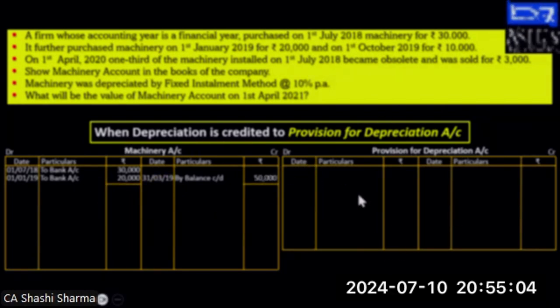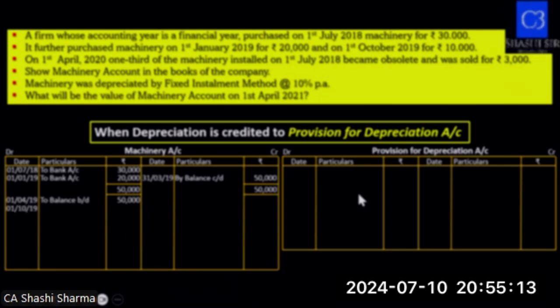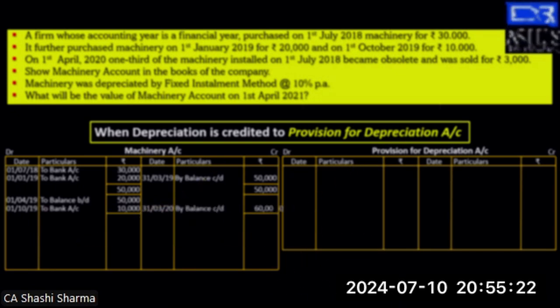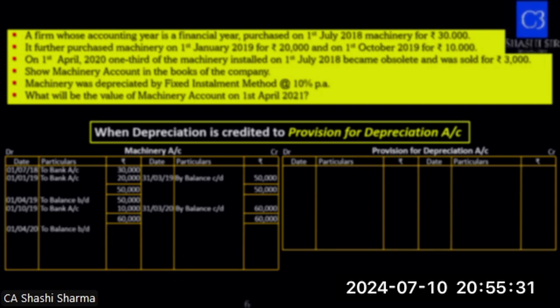Again, for second year, the balance will be brought down. And the third machinery has been purchased. It will be 10,000. And then again, there is balance CD of 60,000. The third year, balance BD will be 60,000.